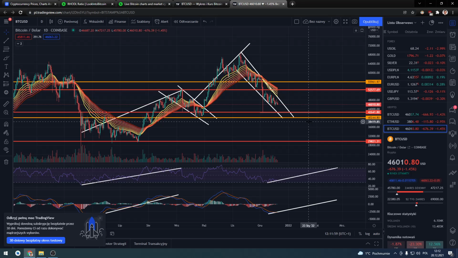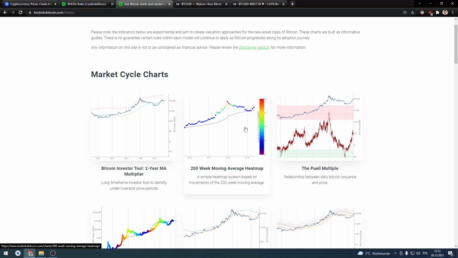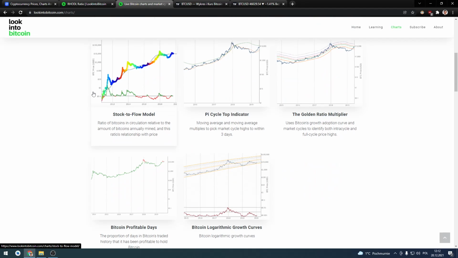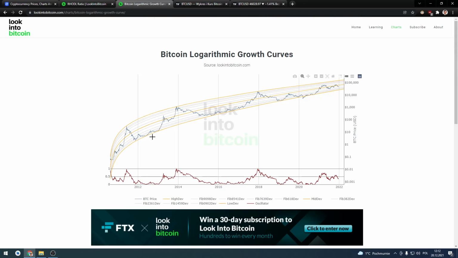I mean, in Bitcoin history, it has not happened yet. We have bigger or smaller corrections. We have 2-3 year bear markets, but we are still going logarithmic, as you can see here on this chart, for instance.